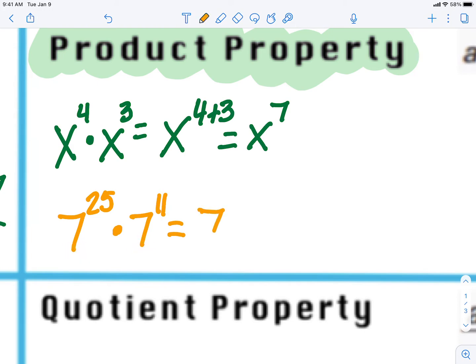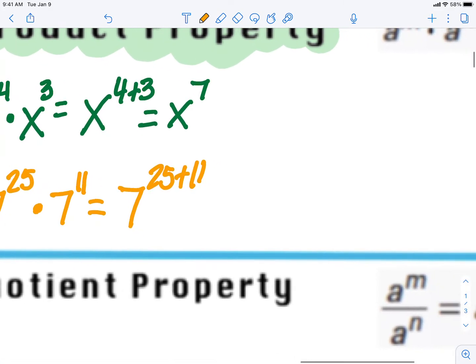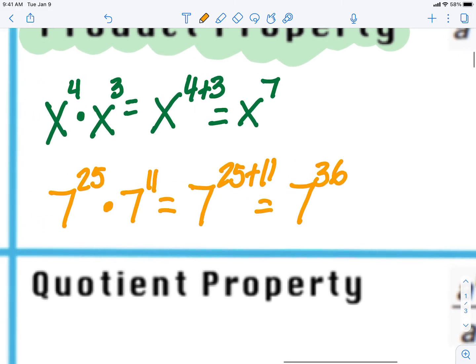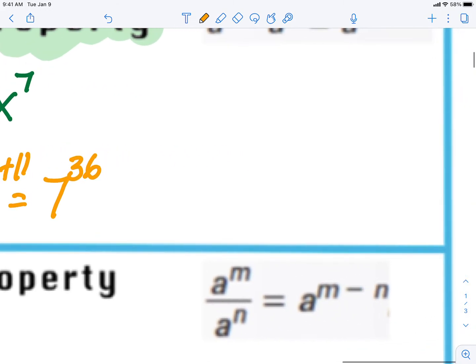So that means that, what I can do with the exponents is add 25 plus 11. That's going to give me 7 to the power of 36. Look at that. Pretty good, right? So if I have the same base, I can put stuff together. I can add them together, right?